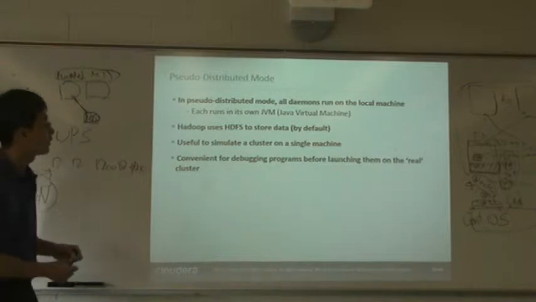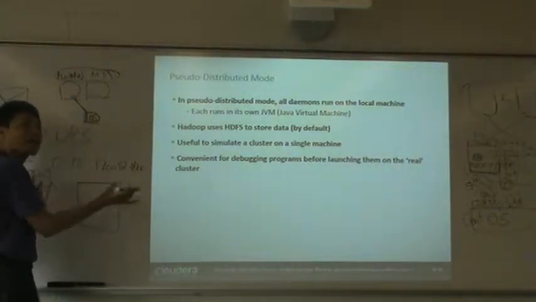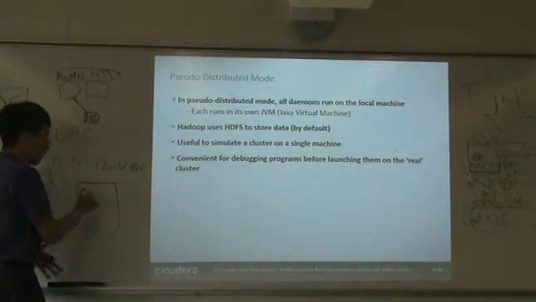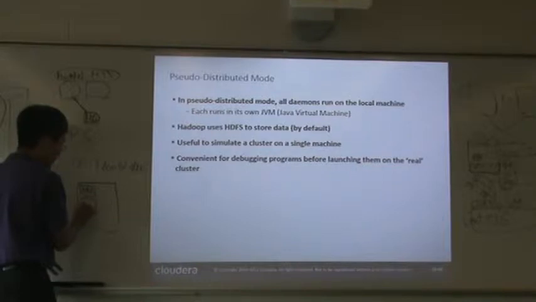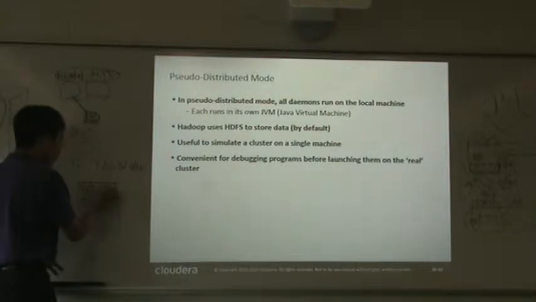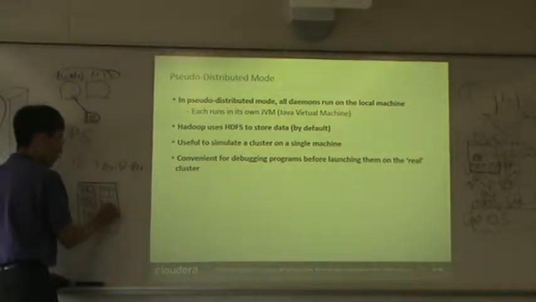The pseudo cluster uses one machine, but it has everything inside. The name node is a Java virtual machine, another Java virtual machine is for the data node, another for the secondary name node, and another for the task tracker and job tracker.